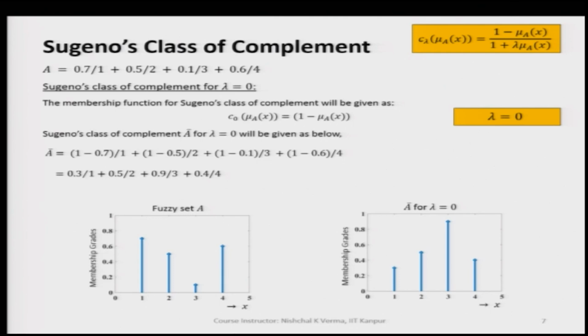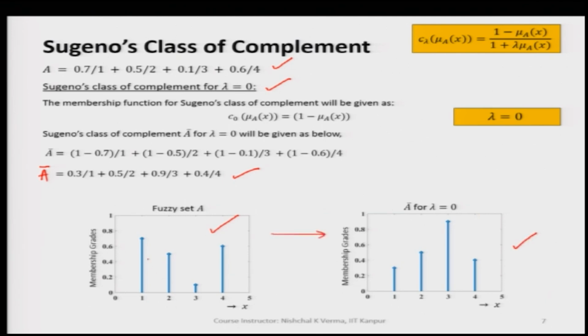Now, let us take another value of lambda, which is lambda equal to 0, and let us see what we are getting. So, here we have the fuzzy set A, which was given to us, and then we have A bar, the complement of A, for lambda equal to 0, and we see that when we plot, this is the basic complement.